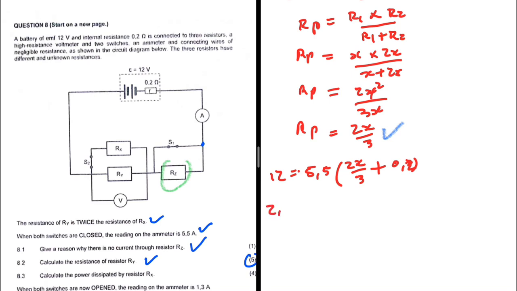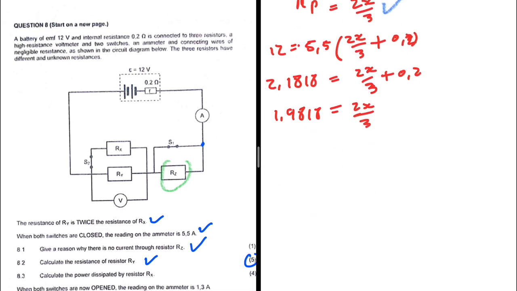This is 2.1818, being equal to 2X over 3 plus 0.2. So let's subtract 0.2 from 2.1818. We get 1.9818 being equal to 2X over 3.